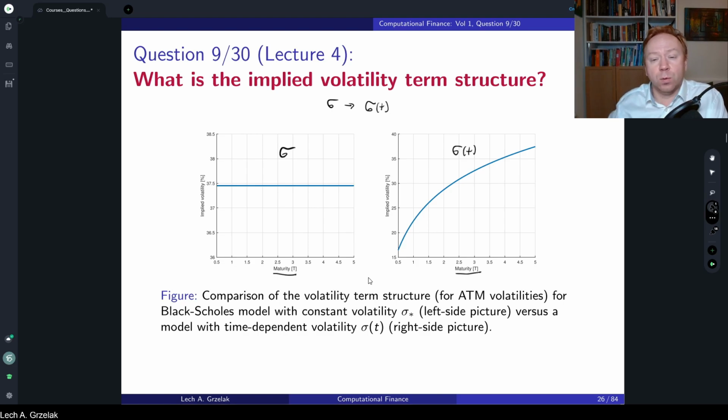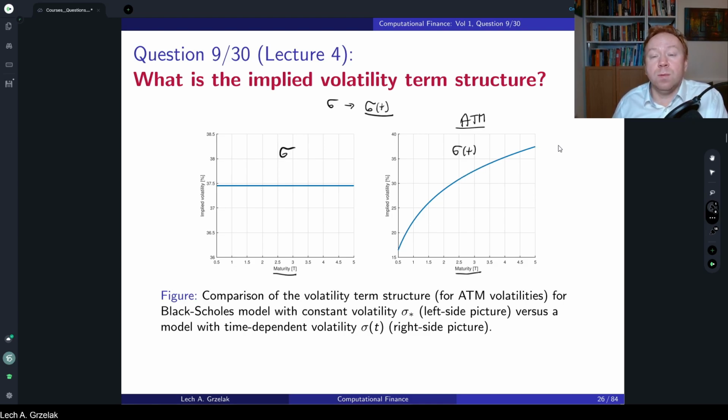Actually, if we look at the 3D plot, we will see that for every strike there is the same implied volatility, because for every point t, this number is just constant. However, if we change the expiries, then we will see implied volatilities change. And that's called implied volatility term structure. If we look at at-the-money implied volatilities, we take only one fixed strike, and we only look at this implied volatility for changing expiry.